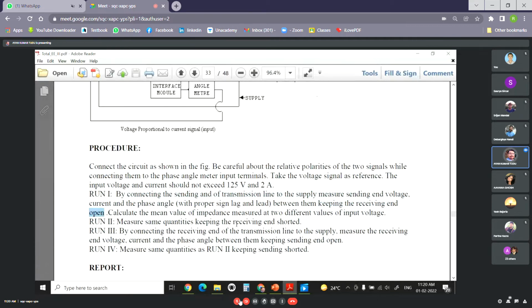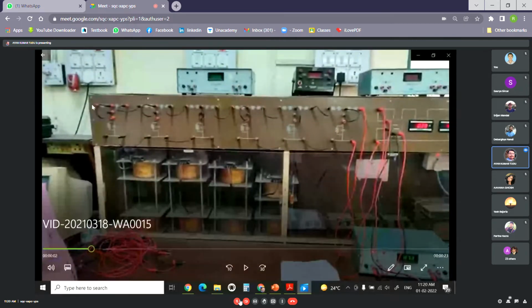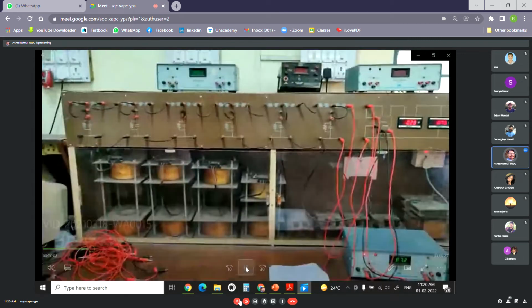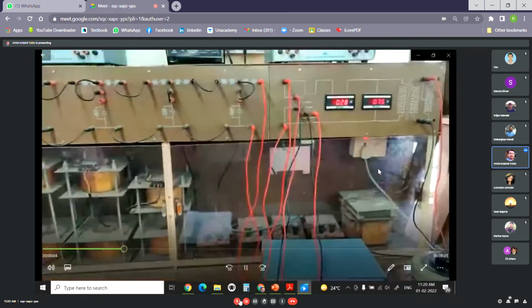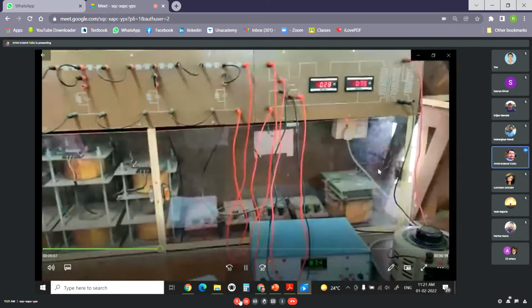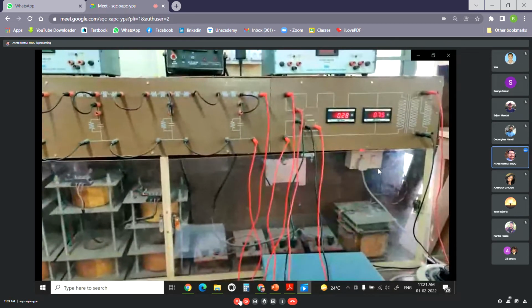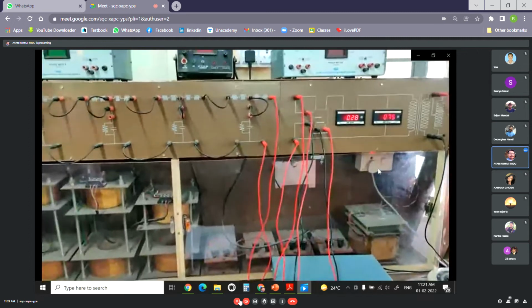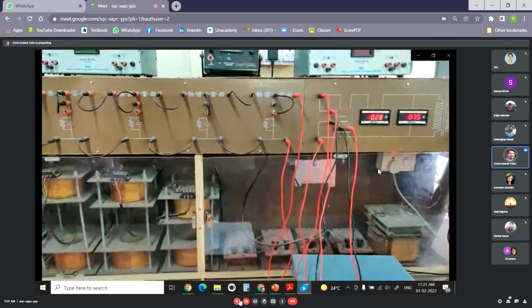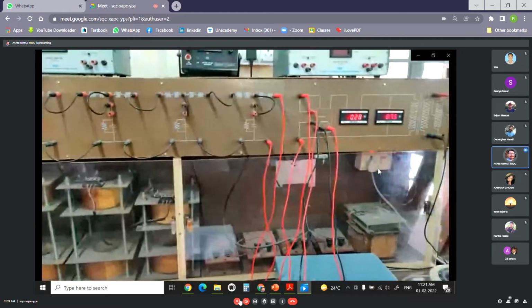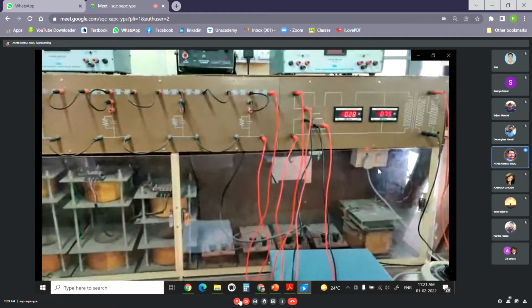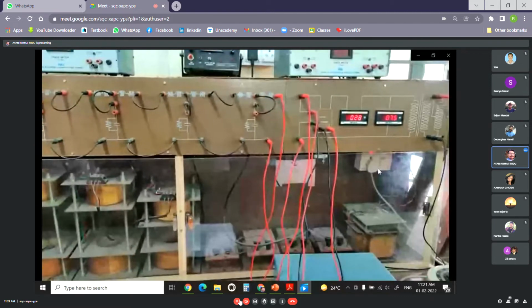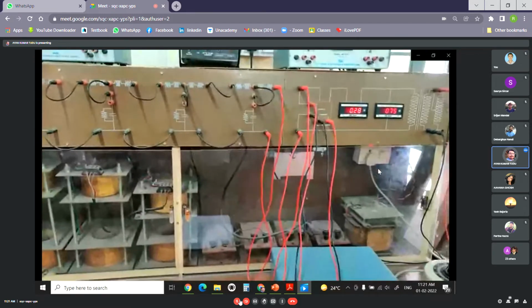That is what we are seeing here: the receiving end is kept open and the supply is on the sending end side. We'll be measuring the voltages and currents of the supply at the sending end, and then we'll be measuring the impedances.